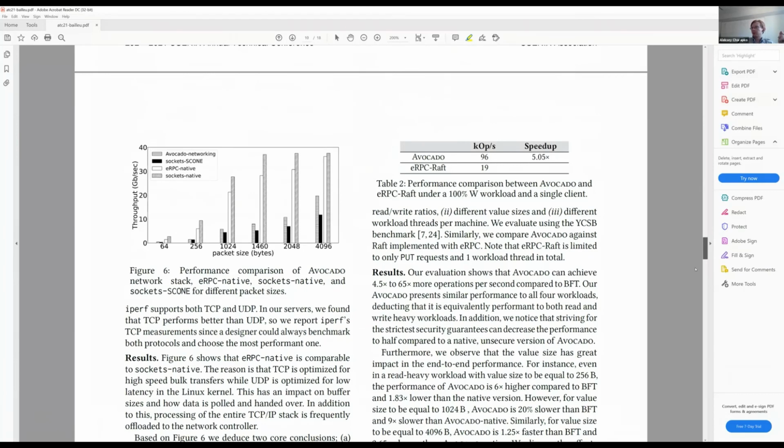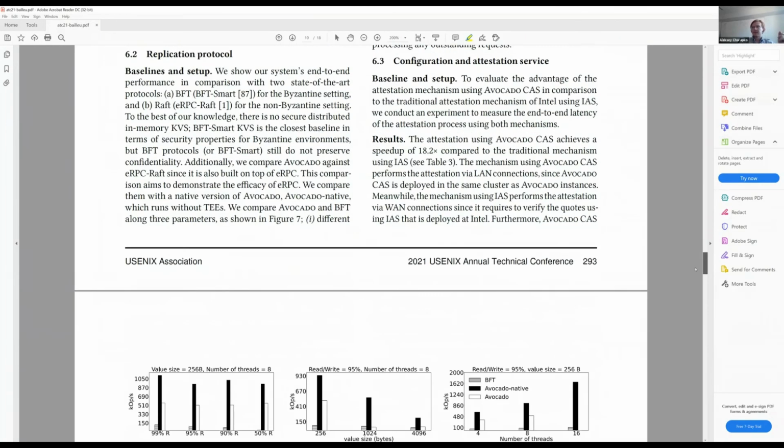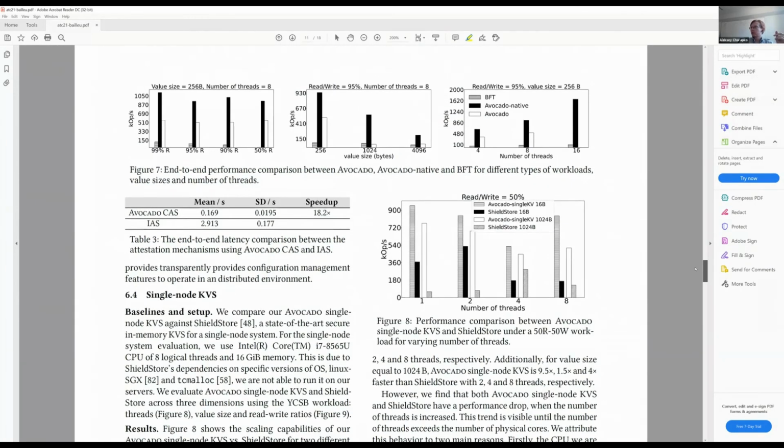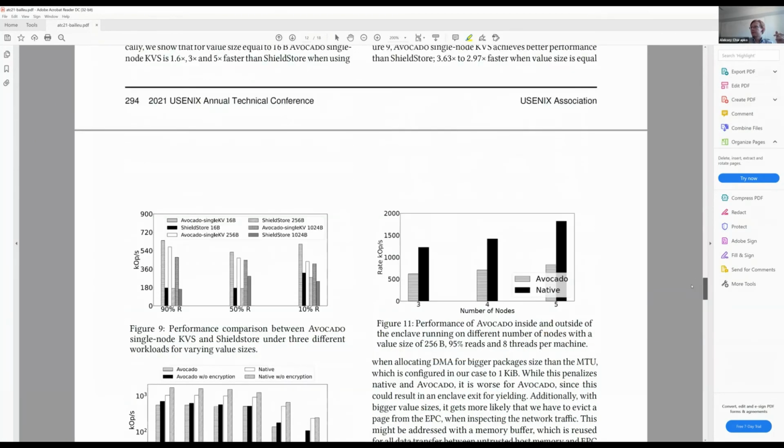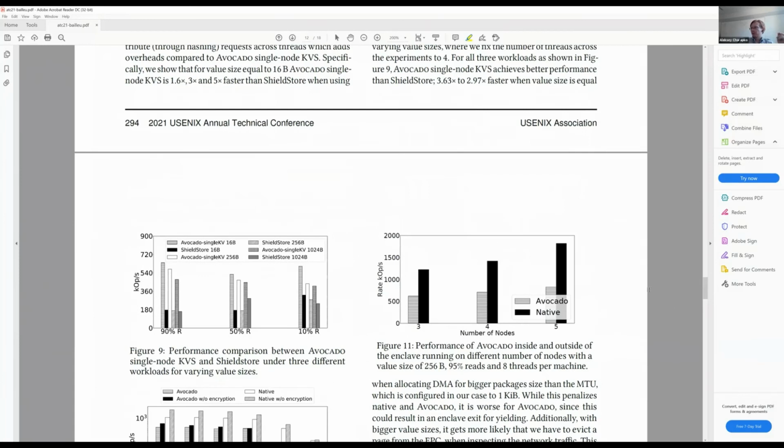As far as the evaluation, the interesting one here is figure 11. What was interesting to me in this particular figure is this native graph.